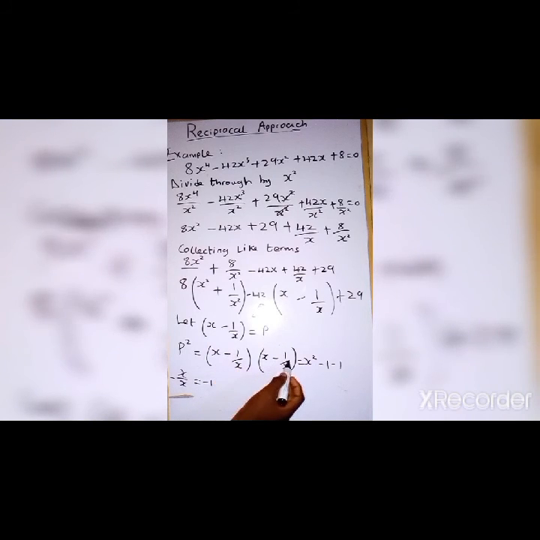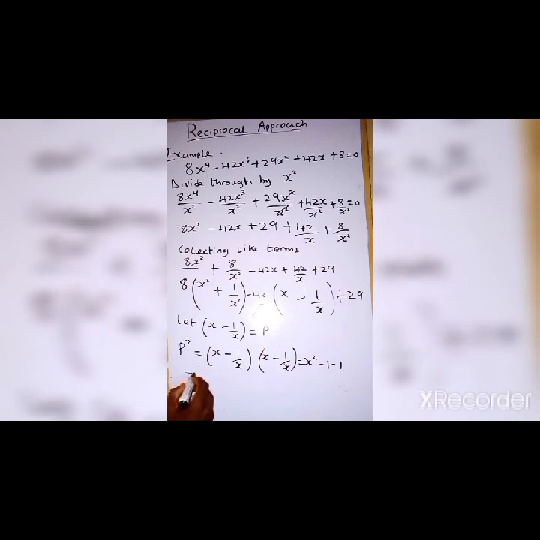Minus 1 over x multiplied by minus 1 over x: minus times minus, we have plus 1 over x squared. Right? So our p squared will now be equal to x squared plus 1 over x squared minus 2.